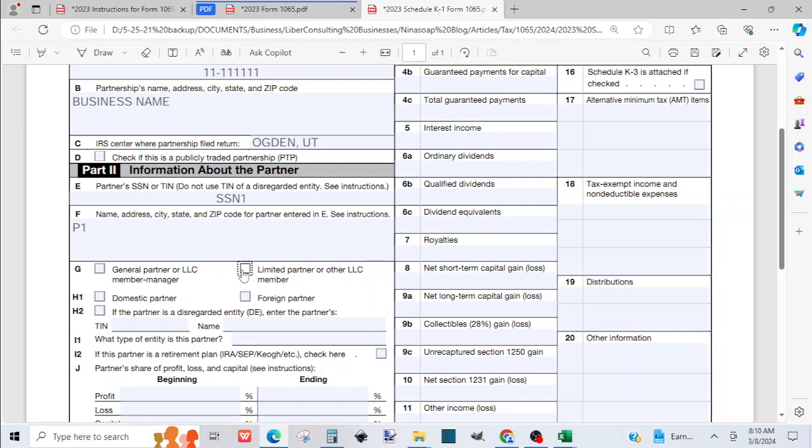But by default, in my understanding, limited partner means they are not working in the business, and general partner means they are working in the business, LLC or other or partnership. But yeah, I'm a little bit conflicted choosing that one. The best scenario would be to choose both, though.